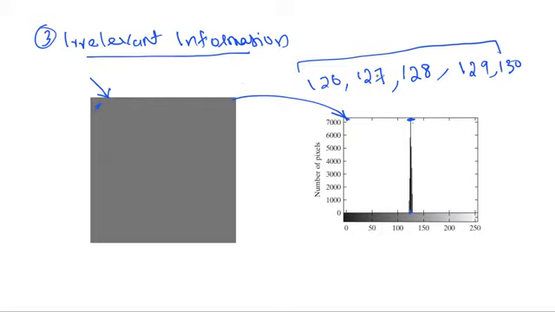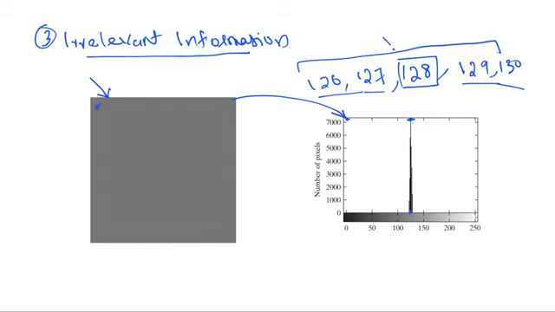Even if I represent this entire image with only one intensity value, 128, that doesn't make any difference to the viewer as far as this image is concerned. So in irrelevant information, we are just neglecting the information that is not relevant or does not serve any purpose.